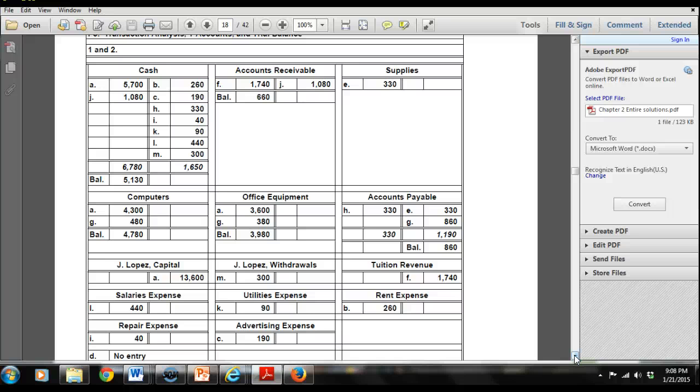Our debits and our credits, the difference is a debit balance. Next, computers should have a debit balance of 4,780. Our office equipment should have a balance of 3,980.